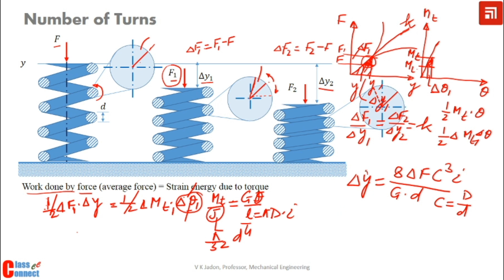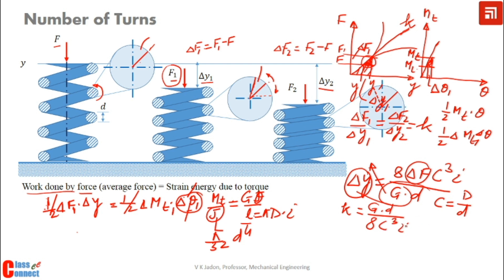From here we can also find the relation for spring stiffness, that is delta F by delta y. If I take everything in the numerator and this in the denominator, we get k is equal to G d divided by 8 C cube I.